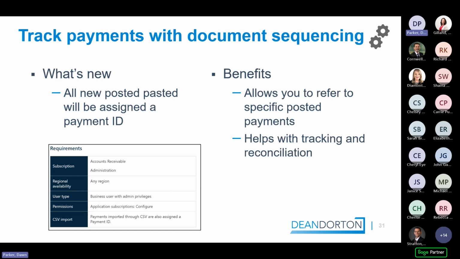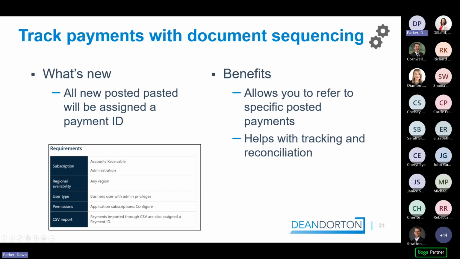With document number sequences, Intacct automatically generates new IDs for common transactions and records. First, you set up a document sequence for AR payments, then Intacct automatically generates a payment ID for all new posted payments. That benefit allows you to refer to specific posted payments and really helps with tracking and reconciliation.